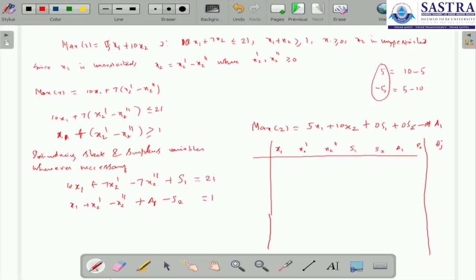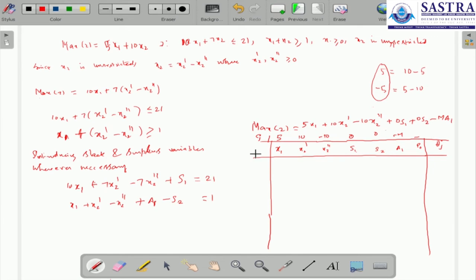Here I have the cost coefficients Cj: x1 is 5, x2' is 10, then x2'' is minus 10, since the objective function has 10x2 minus 10x2''. So I have 5, 10, minus 10, 0, 0, 0, then minus M.